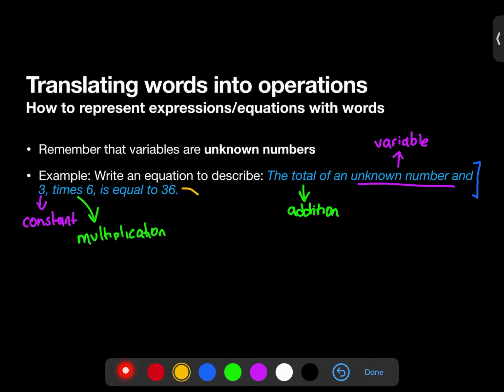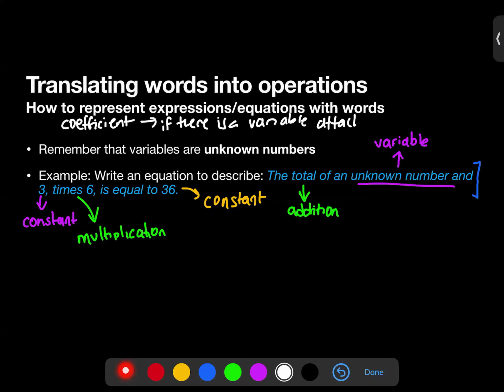And 36 is what? Constant. So I heard some people say coefficient. Remember, coefficient is if there is a variable attached. So remember, 36 here is just the number. There is no variable, so it's a constant, not a coefficient.